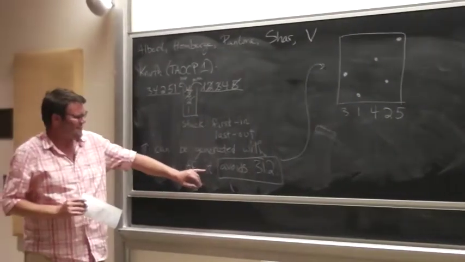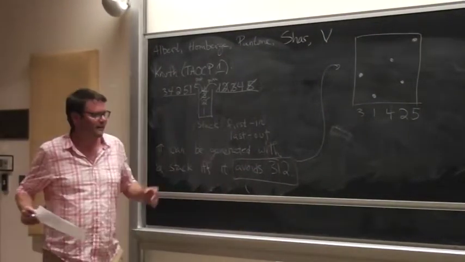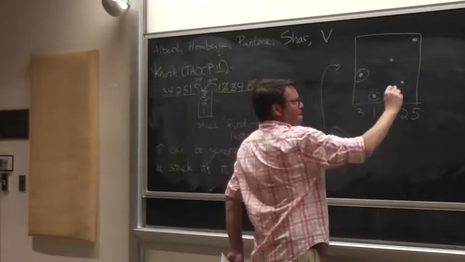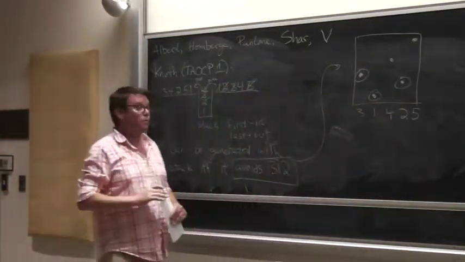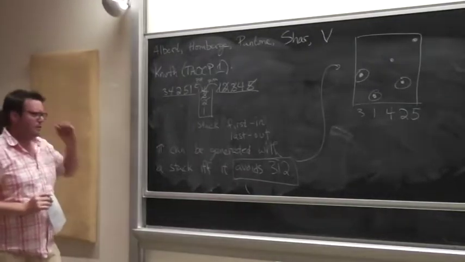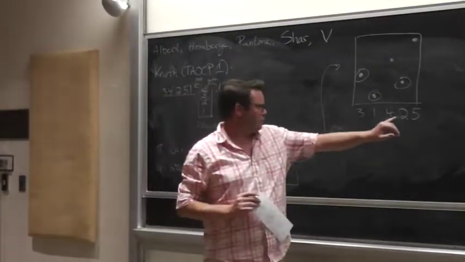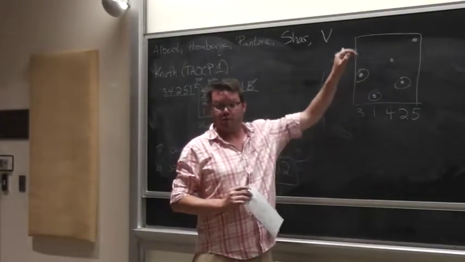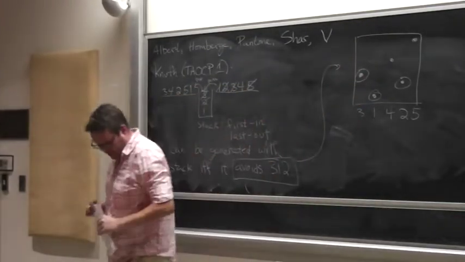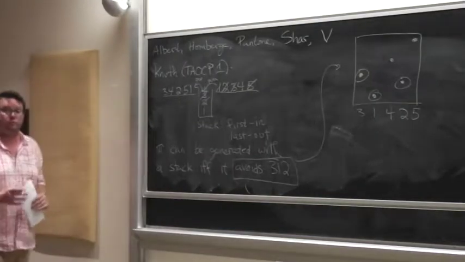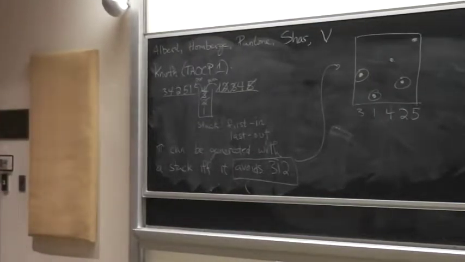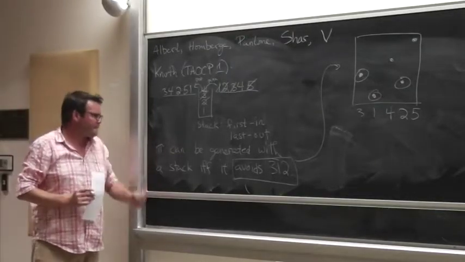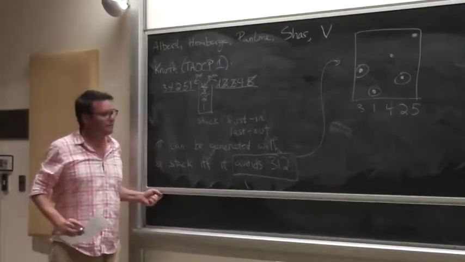Avoiding 3, 1, 2 means not containing 3, 1, 2, and containing 3, 1, 2 means we can find 3 points that look like 3, 1, 2. It didn't have to be exactly 3, 1, 2. Sorry, this could have been a 4, 1, 2, or a 5, 1, 2, or a 5, 2, 4. They would all be copies of 3, 1, 2. So this is Knuth's result that really created this whole field of permutation patterns.